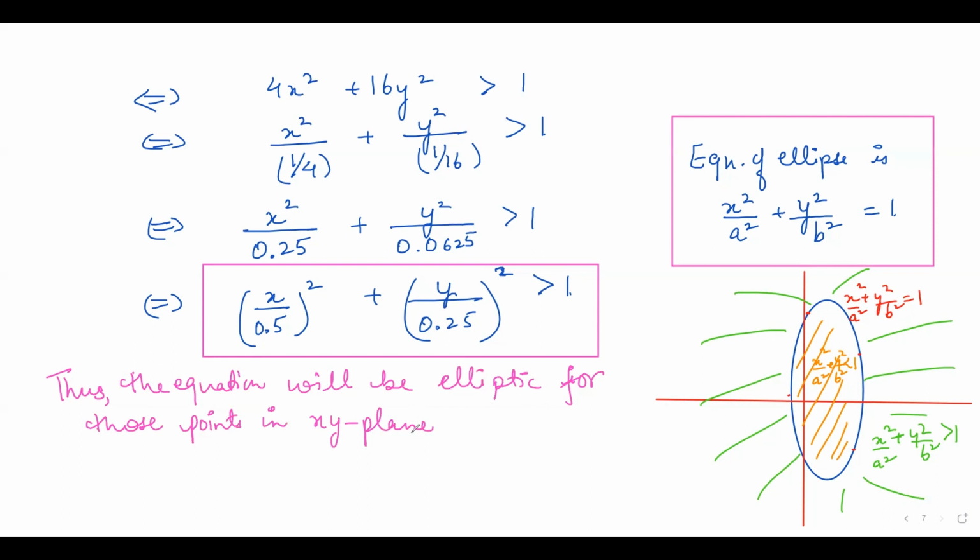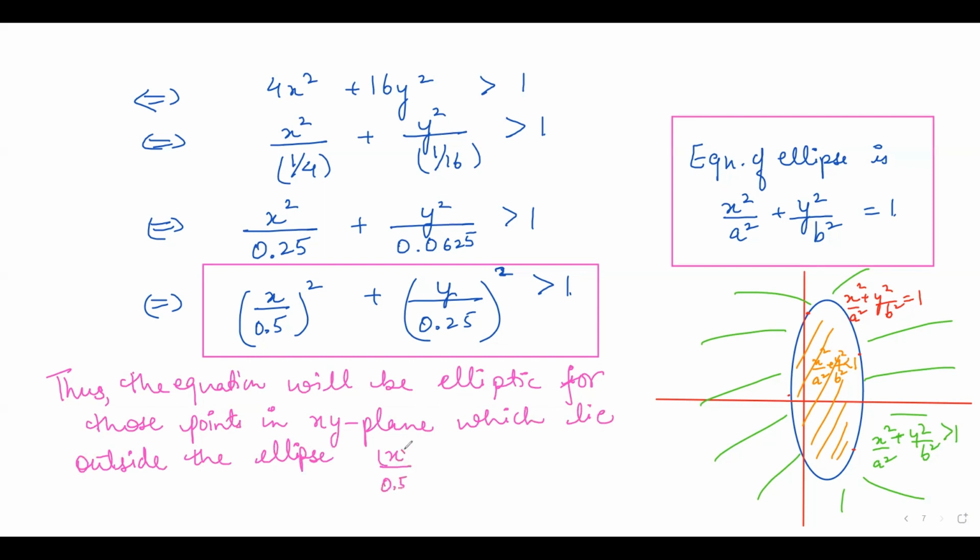Thus the equation will be elliptic for those points in the xy plane which lie outside the ellipse. So which ellipse? This ellipse only.